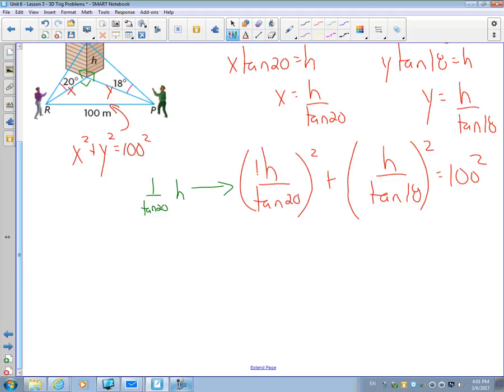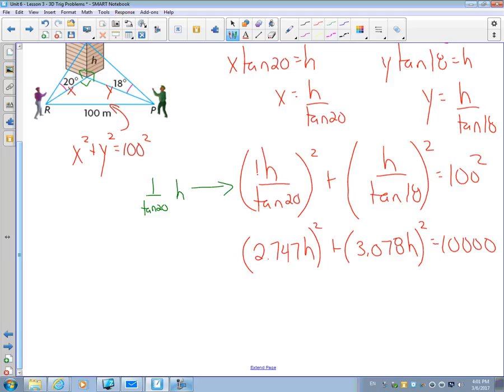I get approximately 2.747 h. We want to square that. We're going to do the same thing for the next one. 1 divided by tan 18 is approximately 3.078 h, squared, and 100 squared is 10,000.